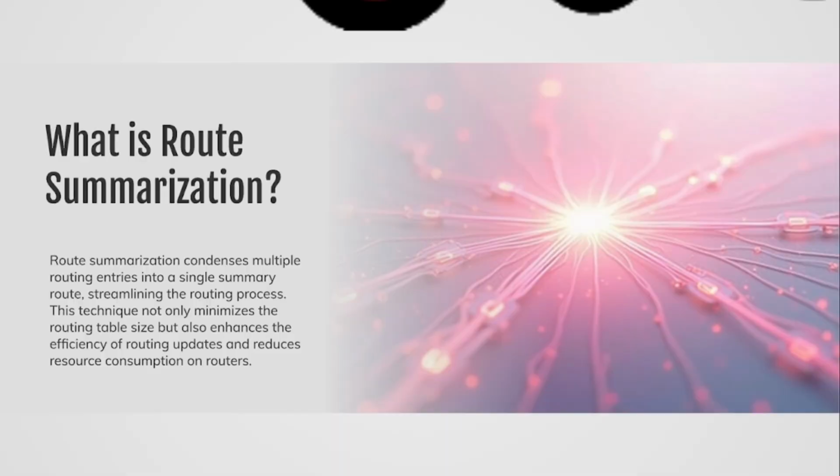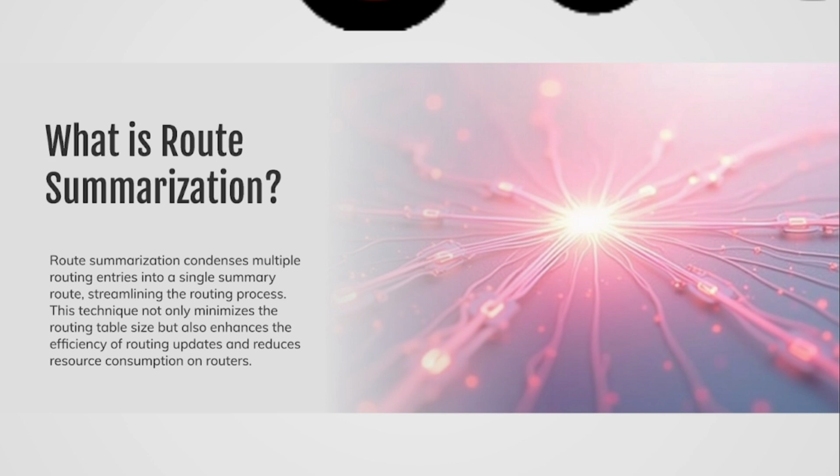What is route summarization after all? Route summarization condenses or combines multiple routing entries into a single summary route. We call it a single summary route, meaning it has all the routes, like a bunch, or a packet, and inside that packet you have all the routes.